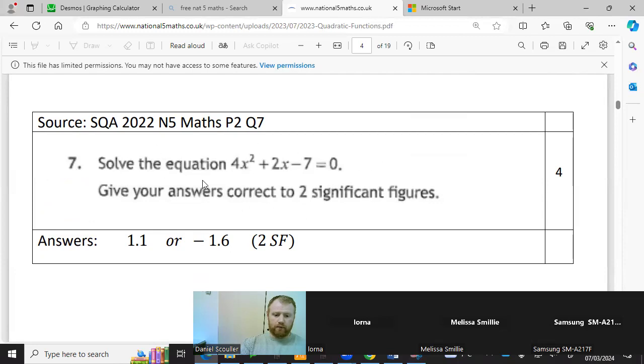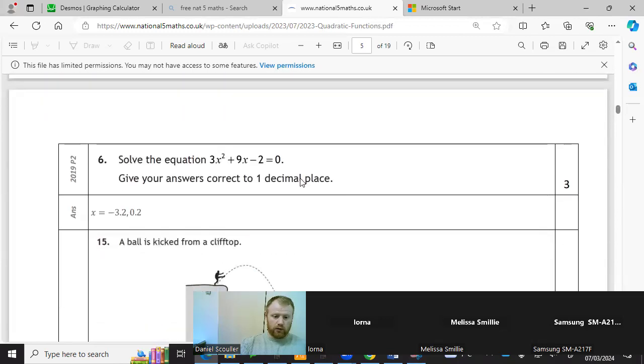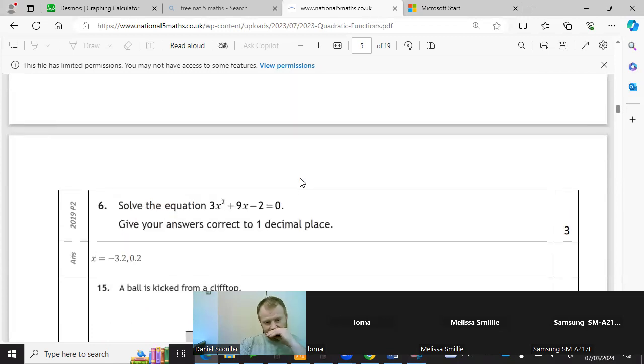There's one where you would use the quadratic formula. So you would put those numbers in the quadratic formula. By putting them in the quadratic formula, you get 4 marks. There's another one too on the quadratic formula.